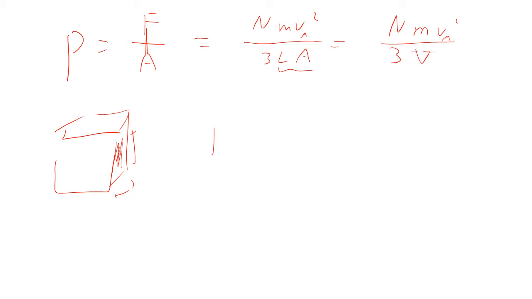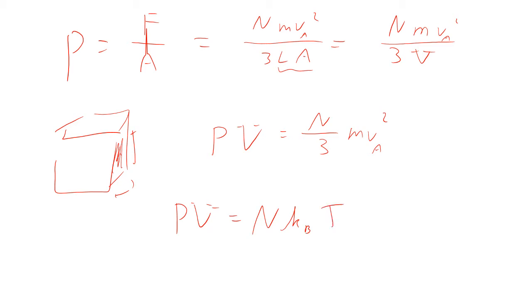Well, if I multiply through, pressure times volume equals n over 3 m v average squared. Well, wait a minute. We also know that pressure times volume for a physicist is the number of atoms times the Boltzmann constant times temperature.